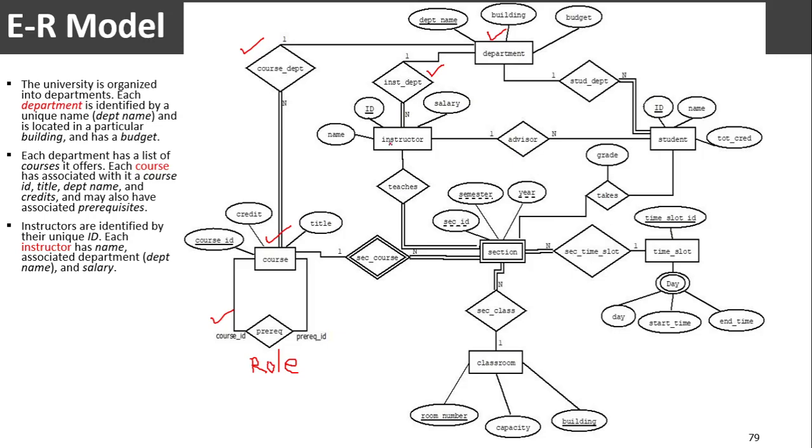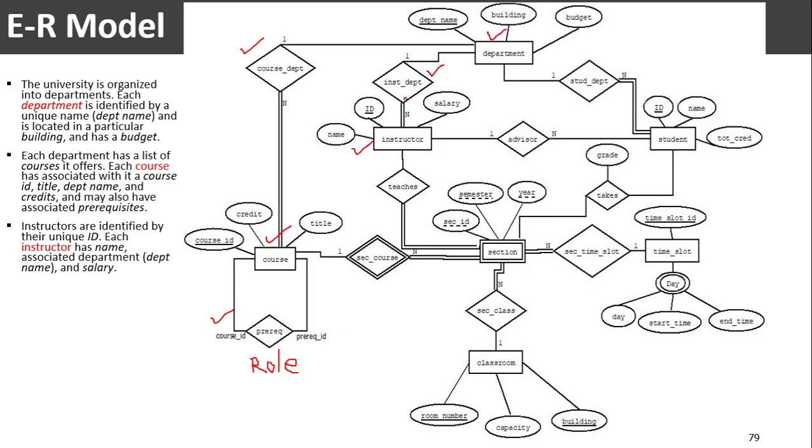Also, instructor must be associated with the department, must be. So instructor should participate in this relationship. So here it is depicted as total participation. Okay, so instructor is the entity set, right? And in between instructor and department we are having this instructor department, that is the relationship set.